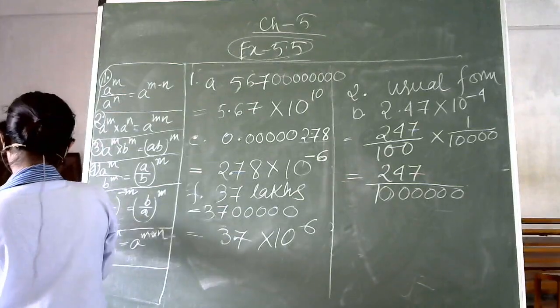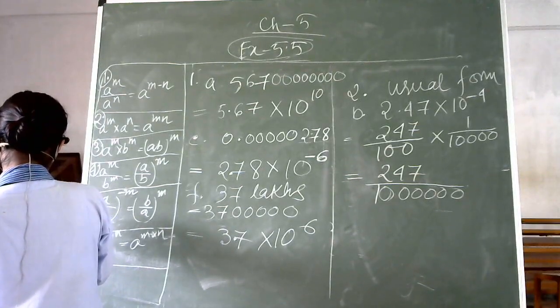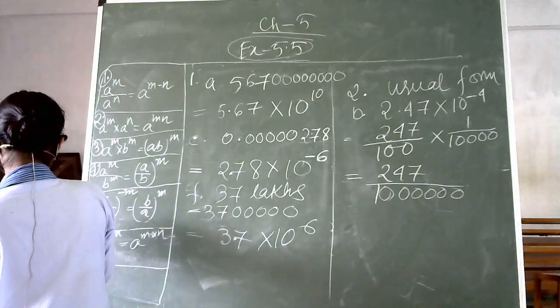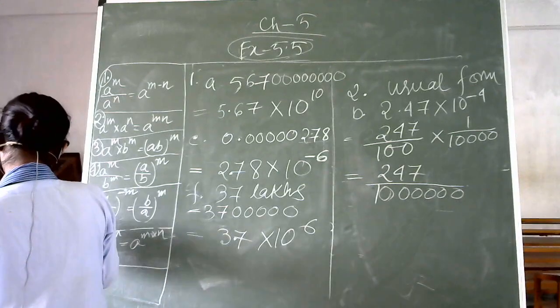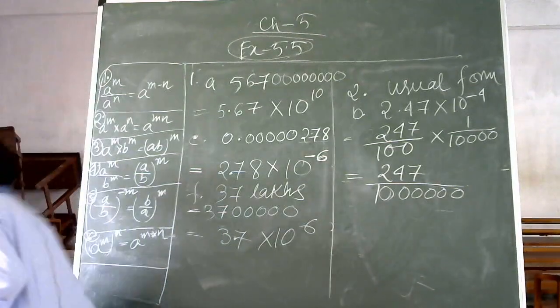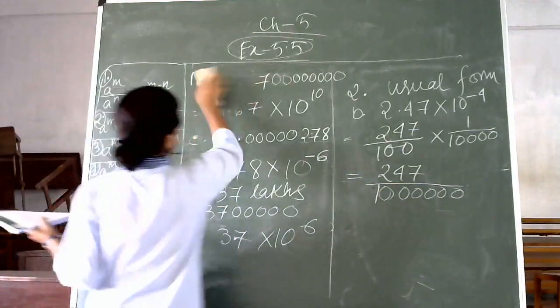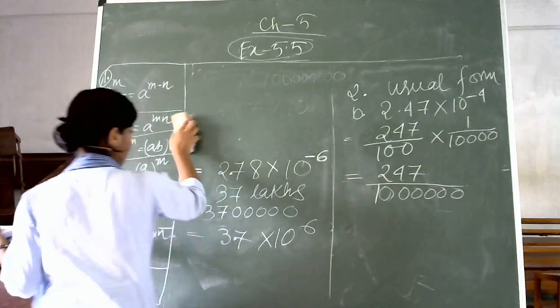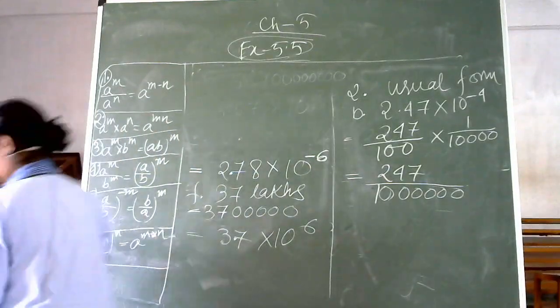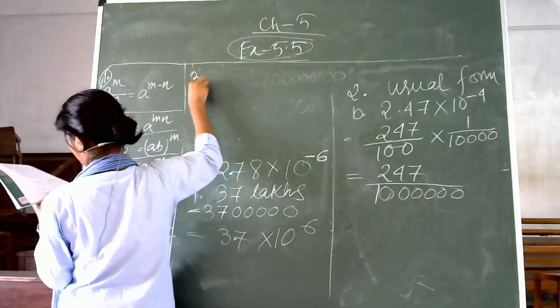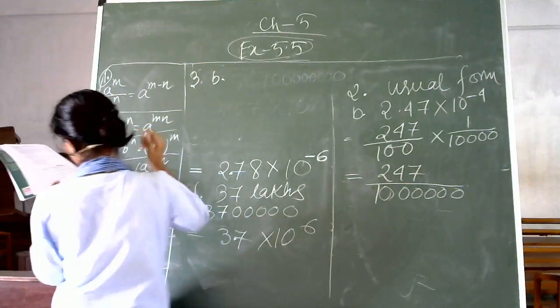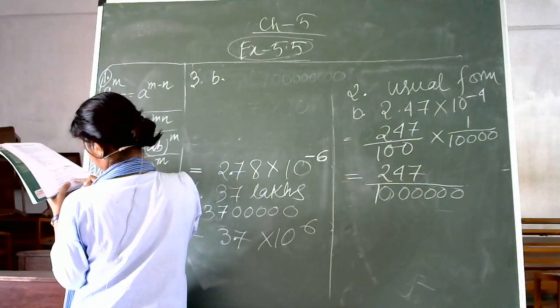Now you see question number 3, number B. How many? 1, 2, 3, 4, 5, 6, 7, 8.